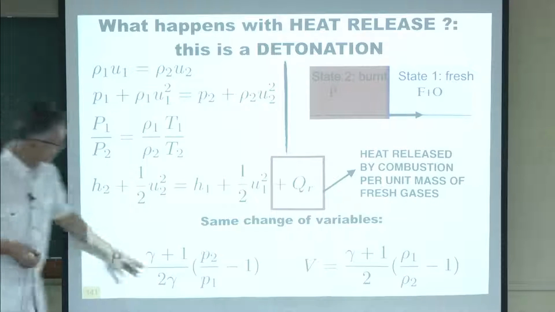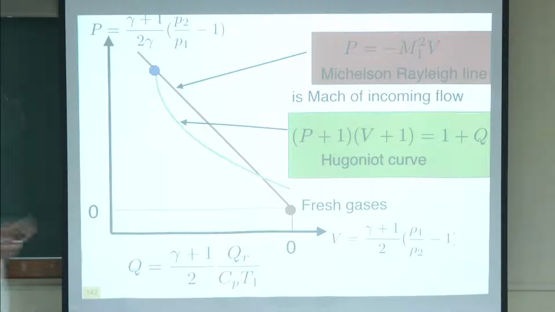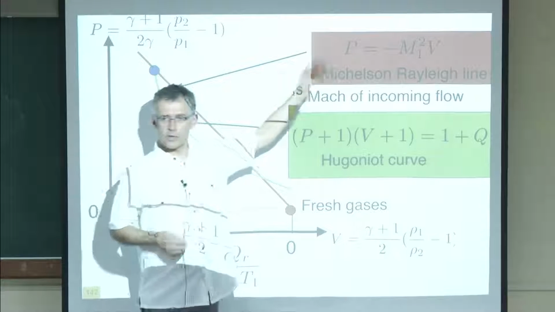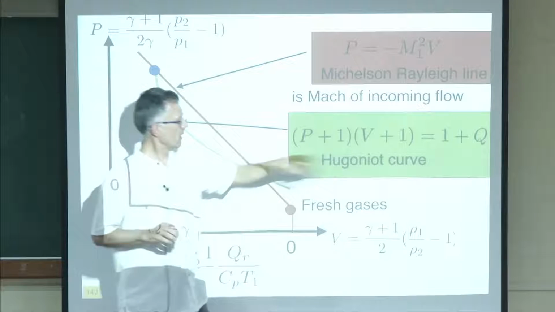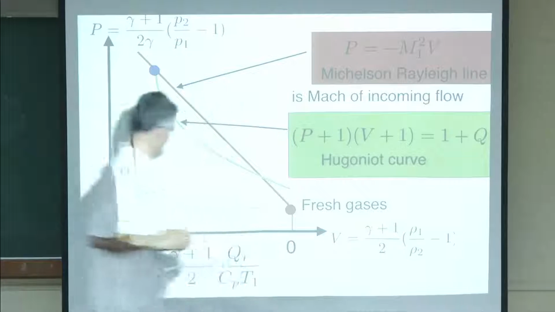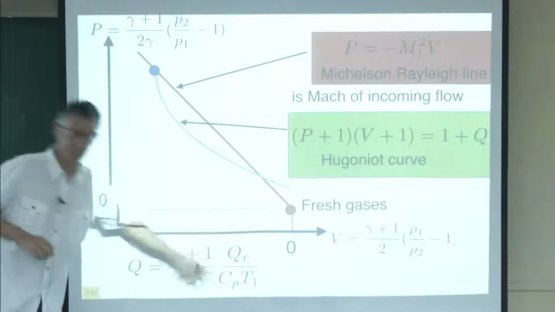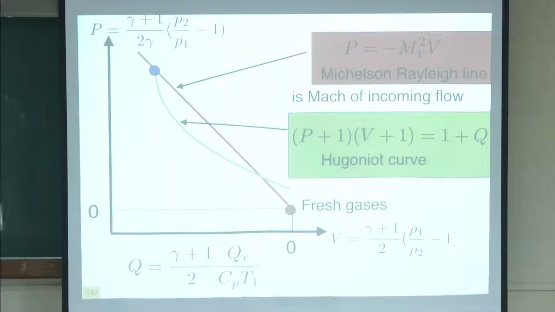You keep the same change of variables here, and you can then express these two conditions in the same way. The Michelson line does not change, no variation. The Hugoniot curve actually only moves by 1 plus Q, where Q is a scaled heat release. From the mathematical treatment, you see that it's a convenient way to express it.